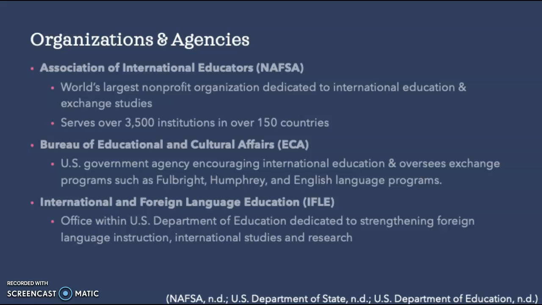This is a U.S. governmental agency which encourages international education and oversees exchange programs such as the Fulbright program, Humphrey, and English language programs. Lastly, there is International and Foreign Language Education, which is an office within the U.S. Department of Education, dedicated to strengthening foreign language instruction, international studies, and research.